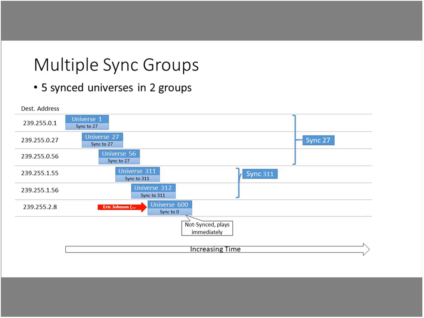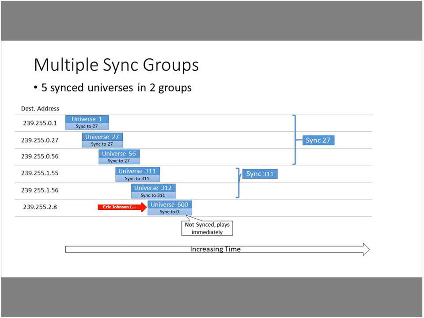So in the other 2 universes, I leave the force synchronization bit off. That might be one use case, but the standard is flexible enough that it does allow you to have multiple sync groups coming from the same source, but completely different sync groups at the same time.